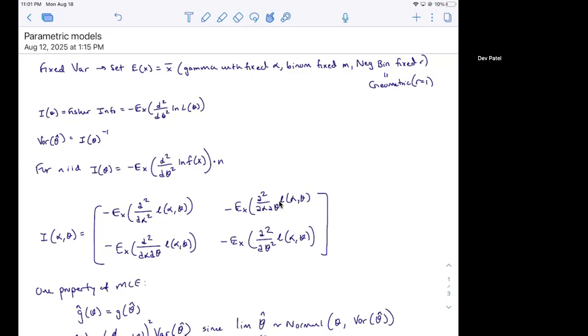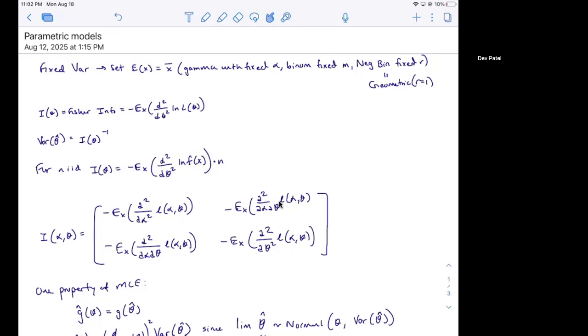Inside, we're taking the second derivative with respect to the parameter of the natural log of the likelihood function. On the outside, it's with respect to x. So that is what we call Fisher information.